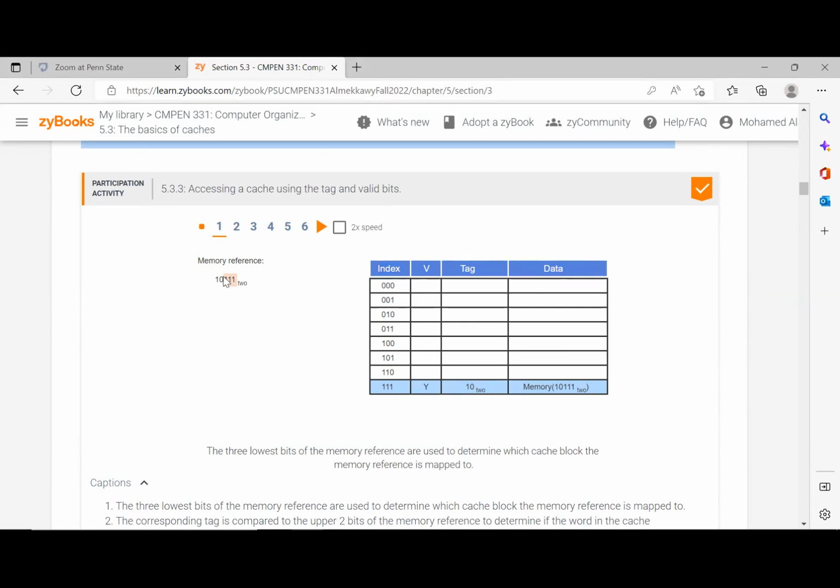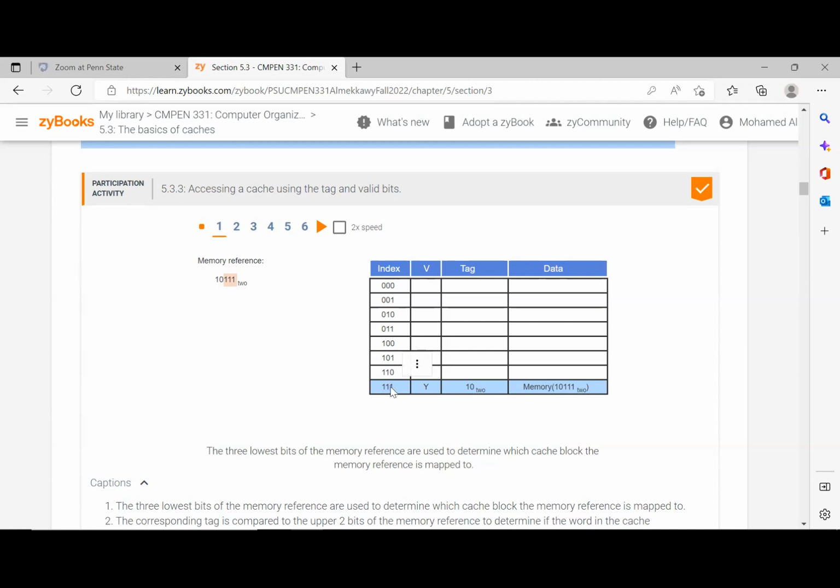The very first thing to do is look at the very first 3 bits, or take that number modulo 8, see what it is, and look at that location. Either way, both are the same. Here 111, you will go to 111.